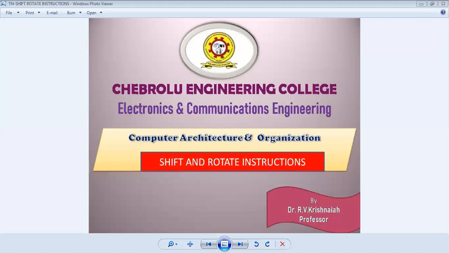All these are the shift and rotate instructions of a processor. Here the instructions are RRC, which means rotate right with carry. If it is only RR, it means rotate right without carry.